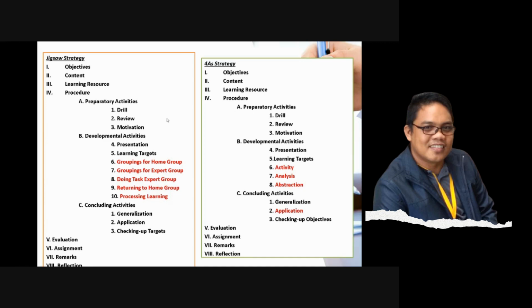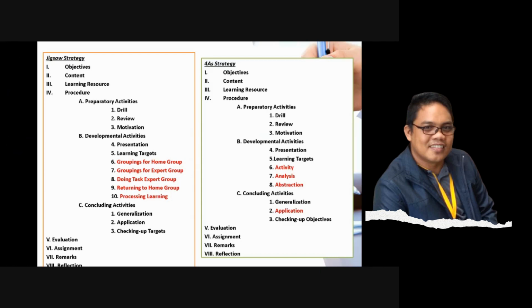Again, drill, review, motivation. In this time, I want you to focus on this format. Now, we have two strategies here, but the same format. Again, lahat po ng gagawin natin sa pag-prepare ng DLP is pareho lang po lahat ang format from Roman numeral 1 to 8.